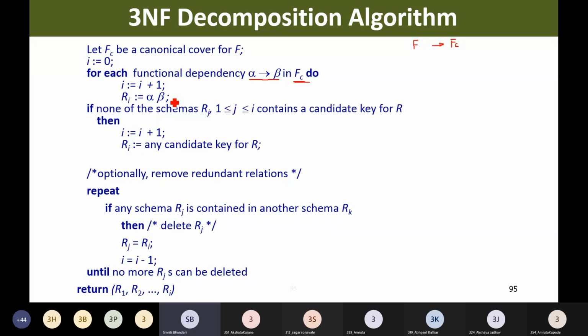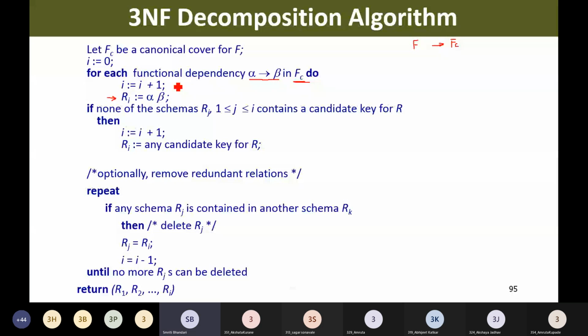Originally it is 0, so i now becomes 1. Now I pick up the first dependency in my canonical cover, and using that dependency I come up with my first relation in the decomposition, R1. R1 is given as alpha beta. That means we combine the attributes from the left-hand side and right-hand side of the dependency, and we come up with the relation R1.